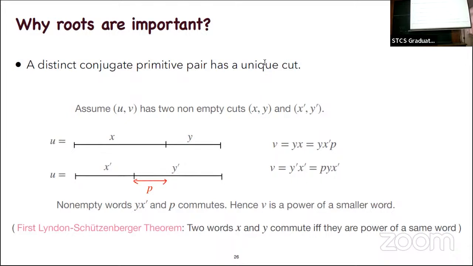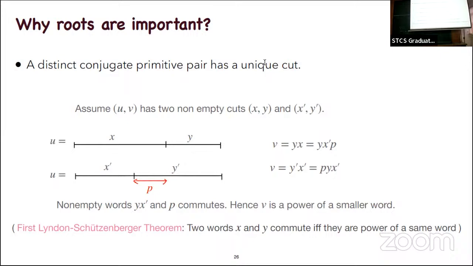Therefore, I can write V as yx, which is the same as y x prime P, because x is nothing but x prime P. And similarly, I can write V as y prime x prime, which is nothing but P y x prime. So we have written V as a concatenation of two words, y x prime P and P y x prime.